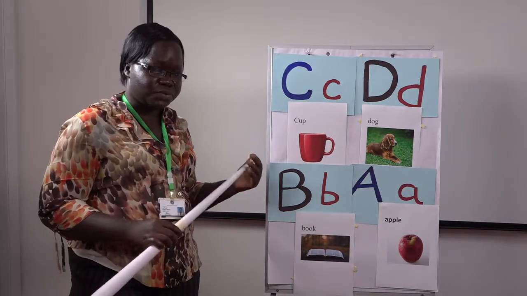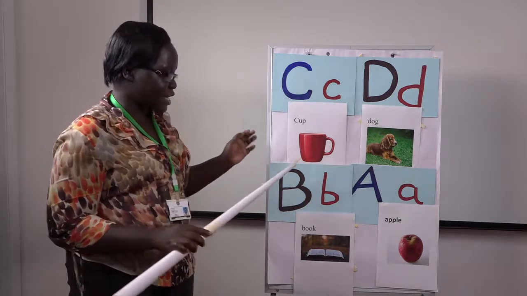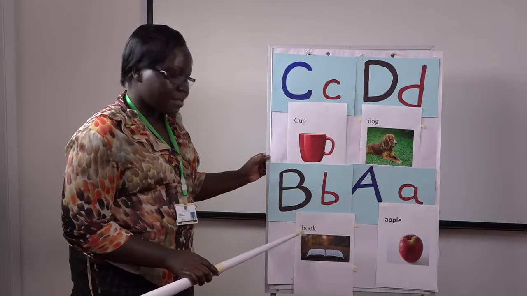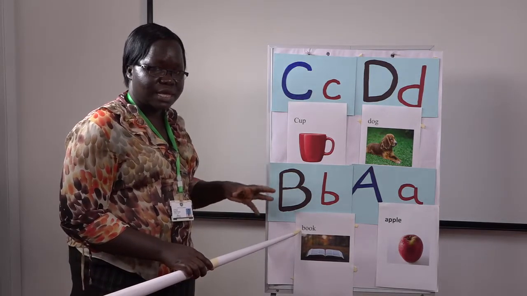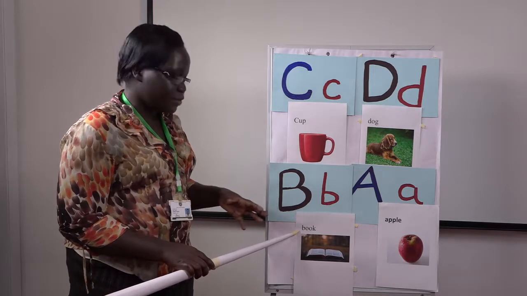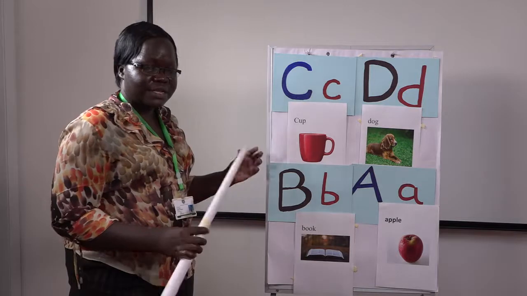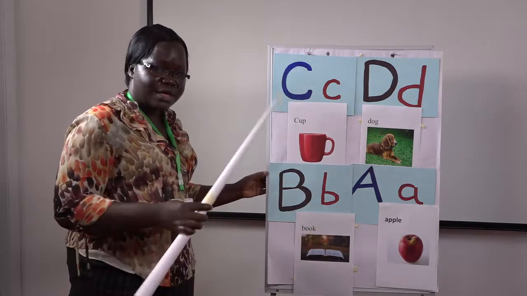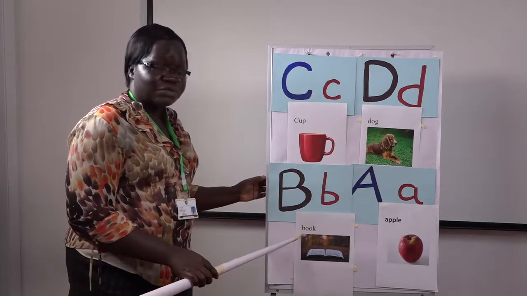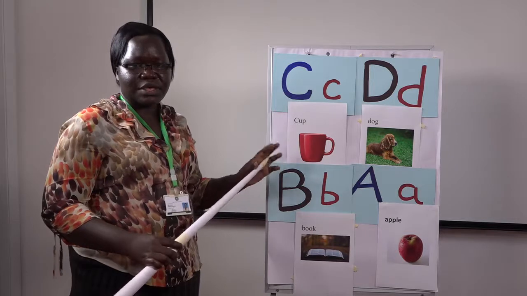And then as we use the visuals, we need to emphasize the starting sounds. That is where we need to lay more emphasis, because if we lay emphasis on the word, you'll find that children will not be in position to understand that there are other words that can also begin with similar sounds. Thank you.